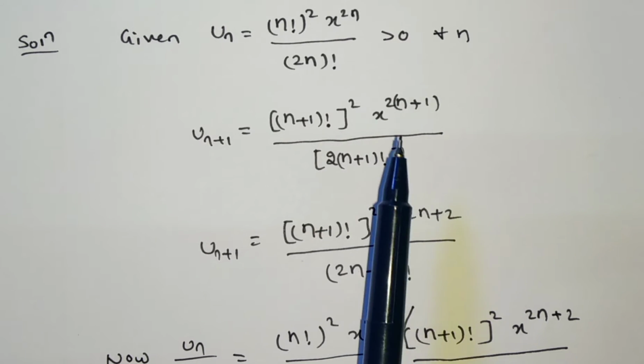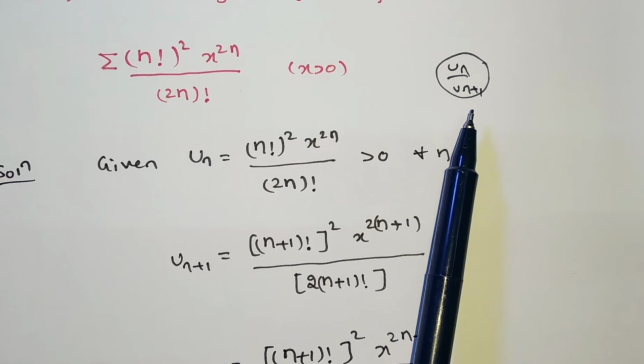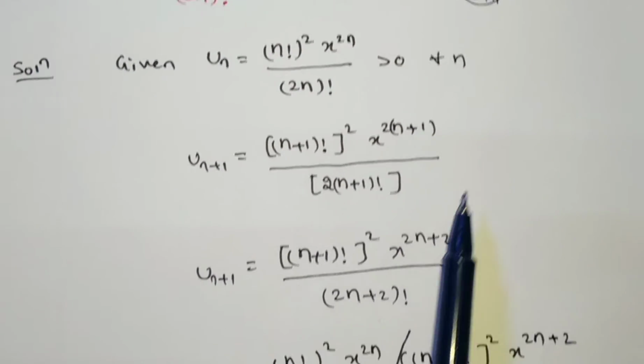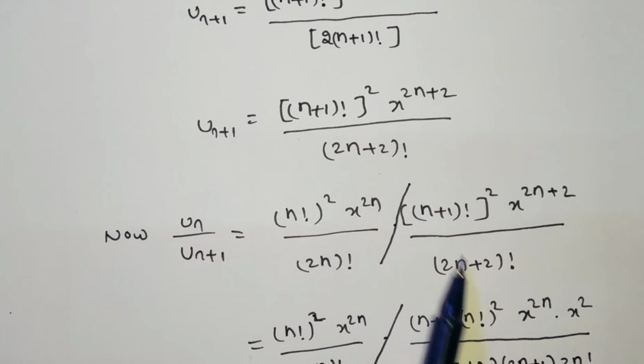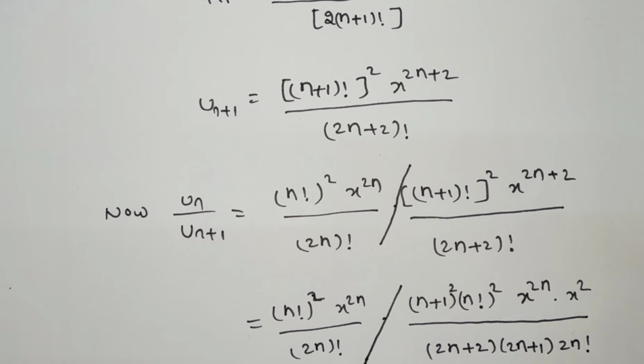Now I want u_n by u_(n+1). In the ratio test, u_n by u_(n+1) is numerator u_n and denominator u_(n+1). You have to simplify, which means you have to cancel the common terms.